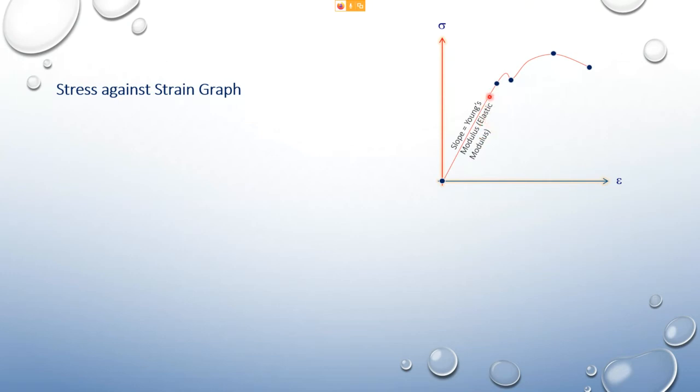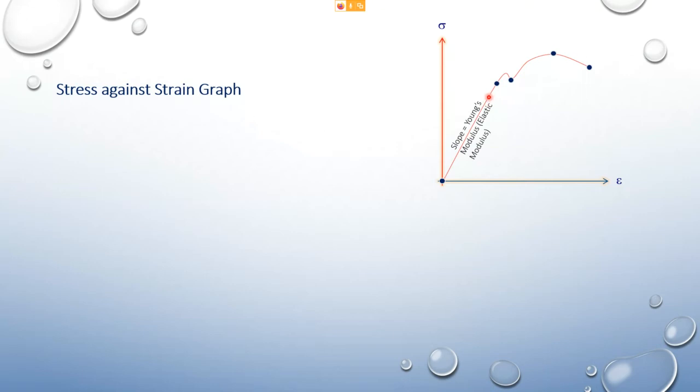If you take any point on this straight line, not necessarily these 2 points, any 2 points within this straight line, and you find the slope of this straight line, it will give you a value that is called the Young's modulus.